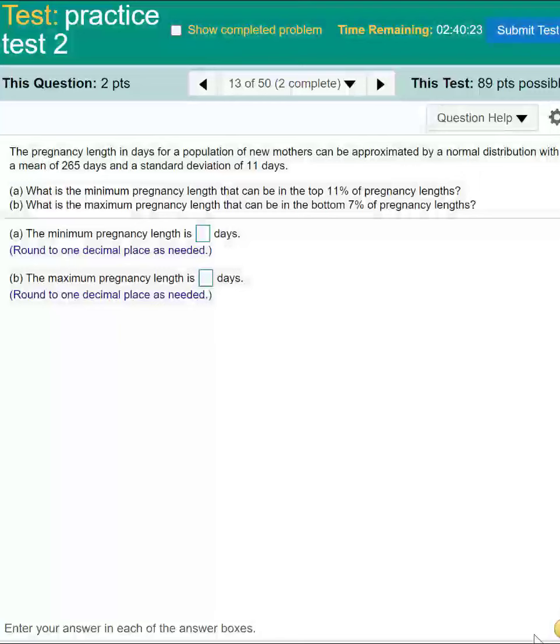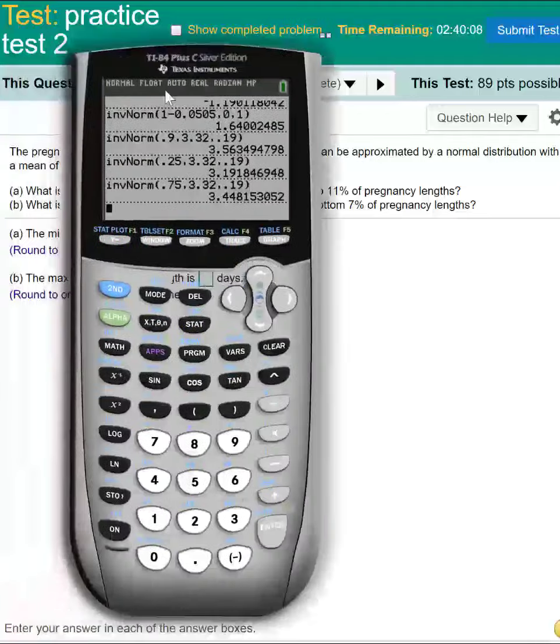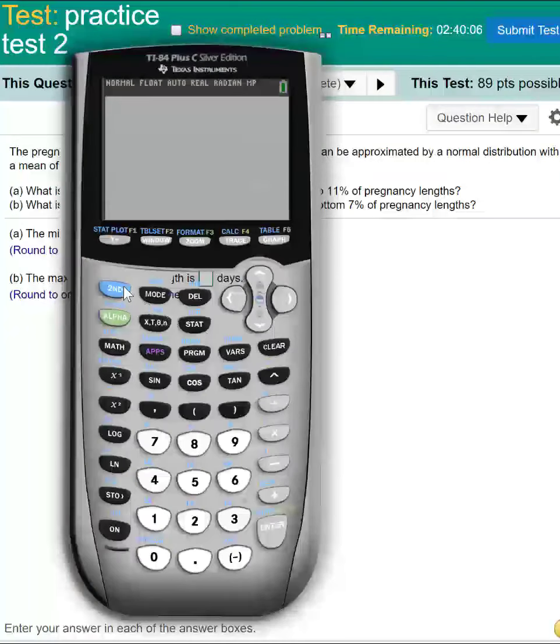The pregnancy length in days for a population of new mothers can be approximated by a normal distribution with a mean of 265 and a standard deviation of 11. What is the minimum pregnancy length that can be in the top 11%? So top 11% means 11% is on the right, and the inverse norm requires an area on the left. So if it is 11% on the right, what would it be on the left?